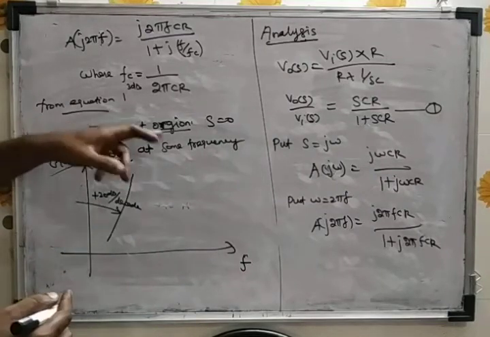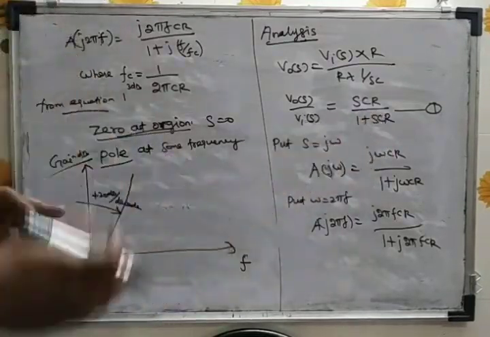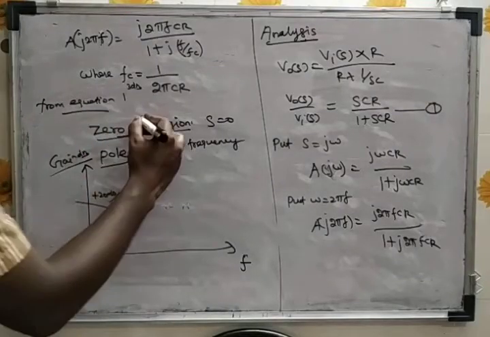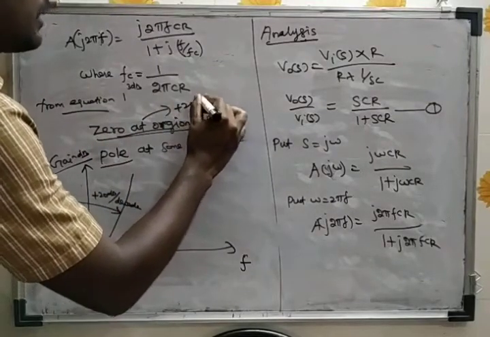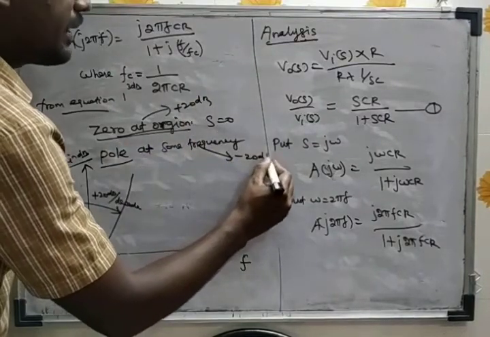Then you have a pole. The pole contributes minus 20 dB slope.